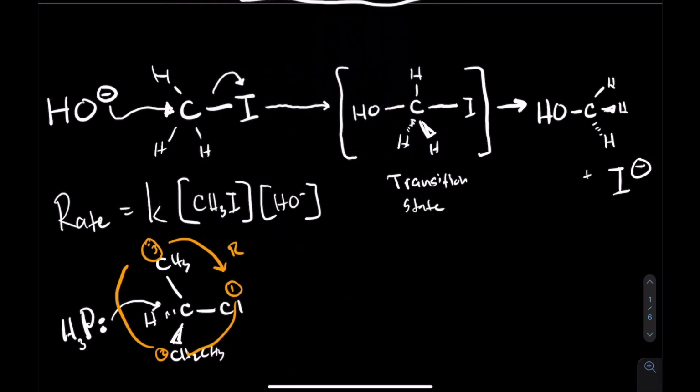Now, if you look at the transition state structure of this, you have a 5-coordinate carbon. It's coming in. Chloride is leaving.